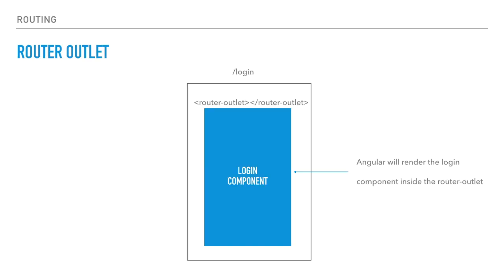If later on the user navigates to login, so he points the URL to login, then Angular will know that it should render in the router outlet the template from the login component, and so on. So this is what we call a router outlet.